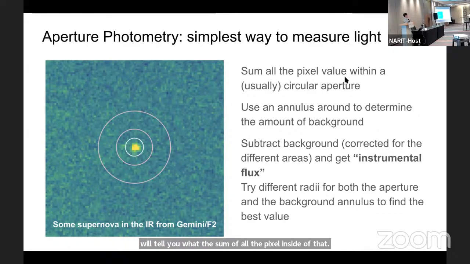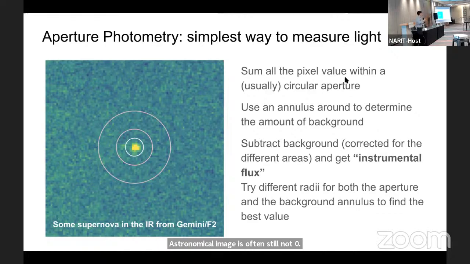There's no modeling, there's no assumptions going into it. And usually when you do this, you also have to take the sky background into account and subtract it. The reason is because even after all the processing and background subtraction during our data reduction process, the background of your astronomical image is often still not zero.